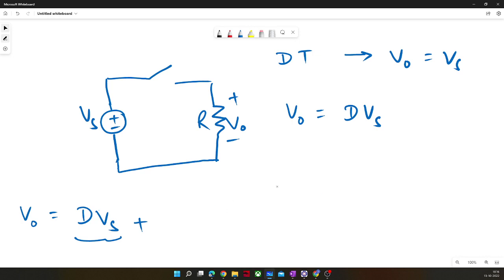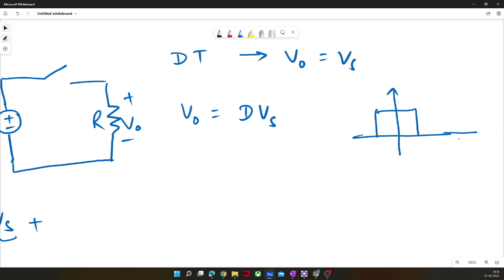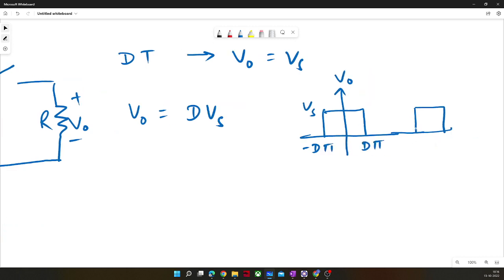As we all know, this is a DC-DC converter, but some AC harmonic or ripple will be there. If the waveform is of this type, then it will have some AC ripple. Okay, so Vs minus d pi d pi.